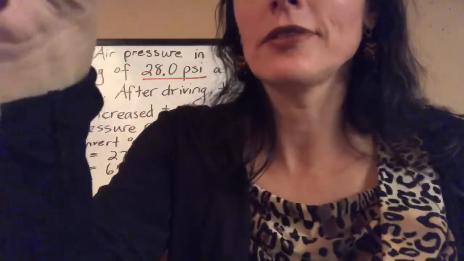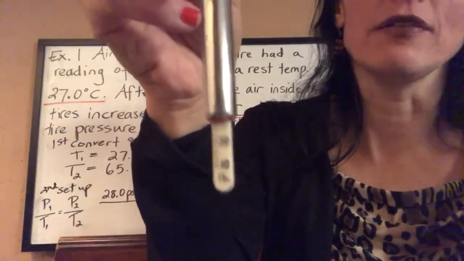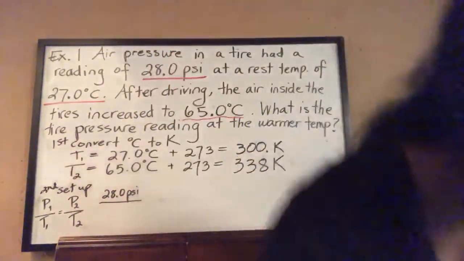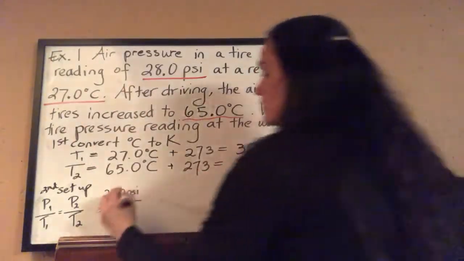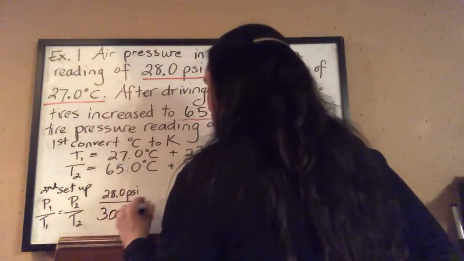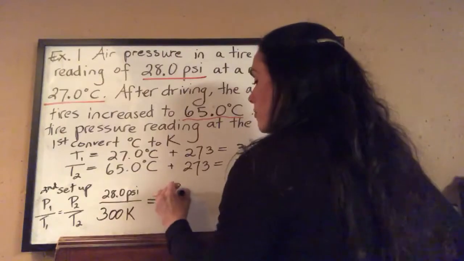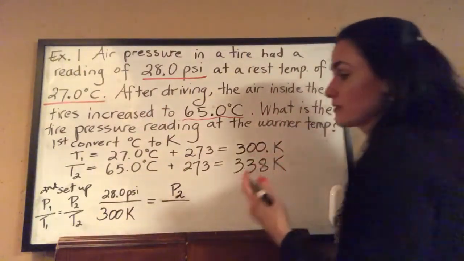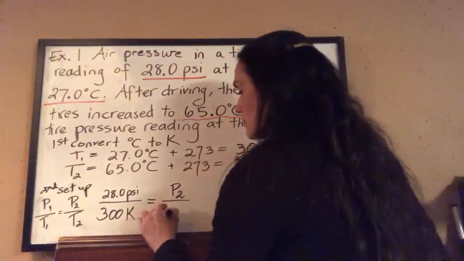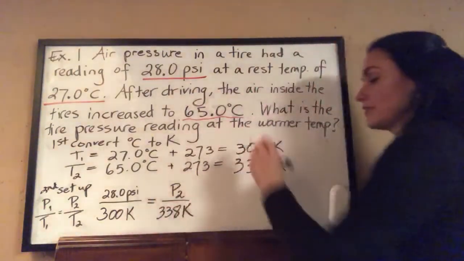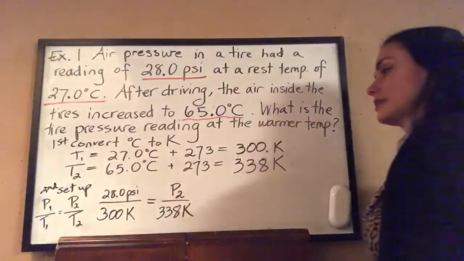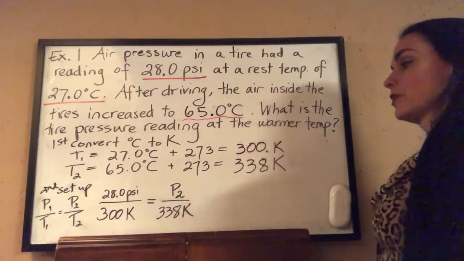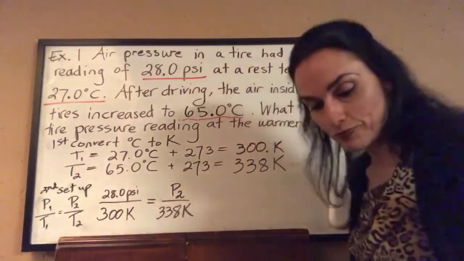Temperature, 27 degrees Celsius, but we need the Kelvin temperature, 300 Kelvin. The new pressure we don't know, but the temperature we know went up, so we should see that that resultant pressure should go up as well. And the new temperature, it went up to 65 degrees Celsius, driving around for quite a while possibly, or it's just really hot outside. You went from a cold environment to a warm environment, but that's what the new temperature is.